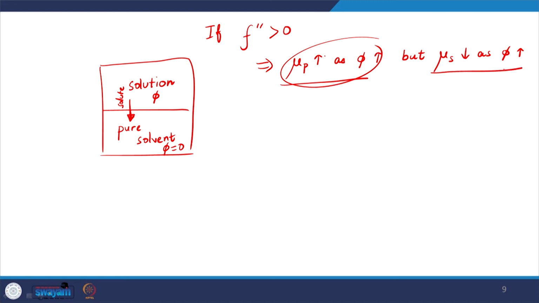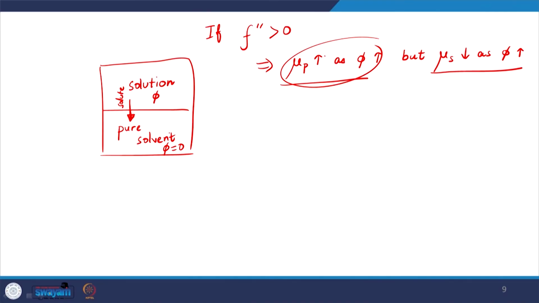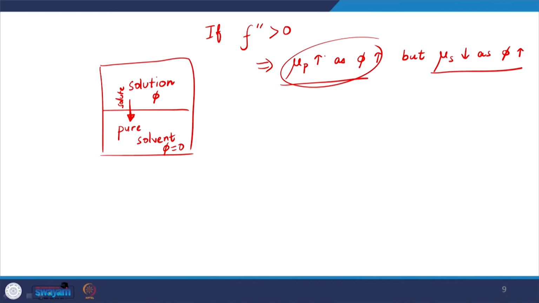However, for the solvent, the chemical potential is decreasing as phi is increasing, right. We begin with phi equal to 0. So when the solute comes in, phi increases, and that is favored because the chemical potential of solvent is decreasing.